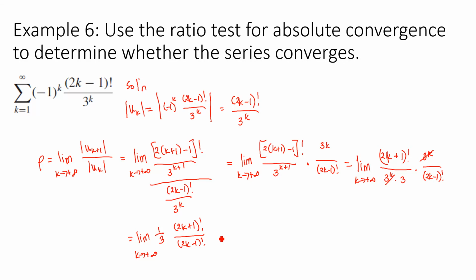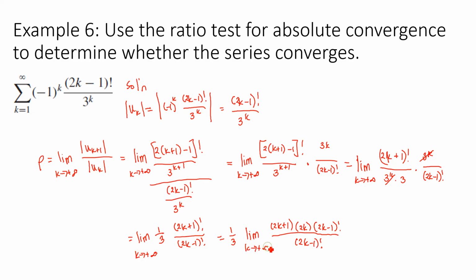So this is the same. We have 1/3 times the limit, and we can expand this one: the quantity 2k plus 1 times 2k times 2k minus 1 factorial, all over the quantity 2k minus 1 factorial, as k approaches positive infinity.